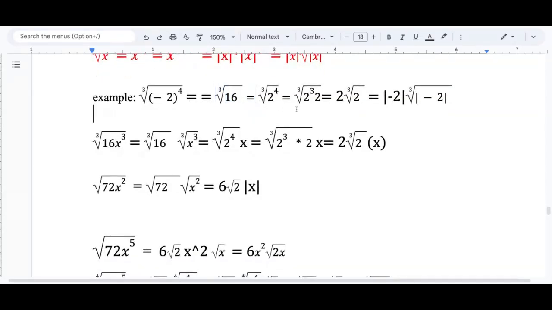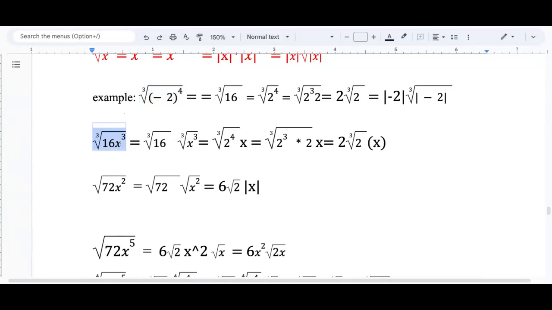So you see in the end is the absolute value sign of negative 2, and the absolute value sign of negative 2. All because this power 4 changes negative 2 raised by 4 to be positive.